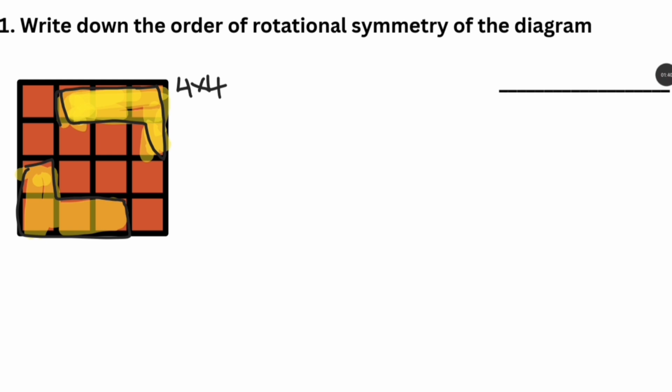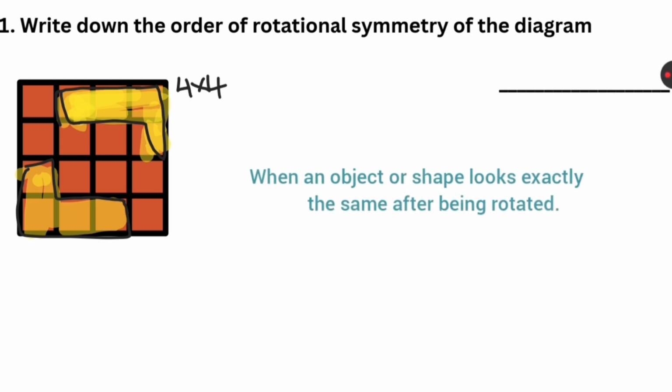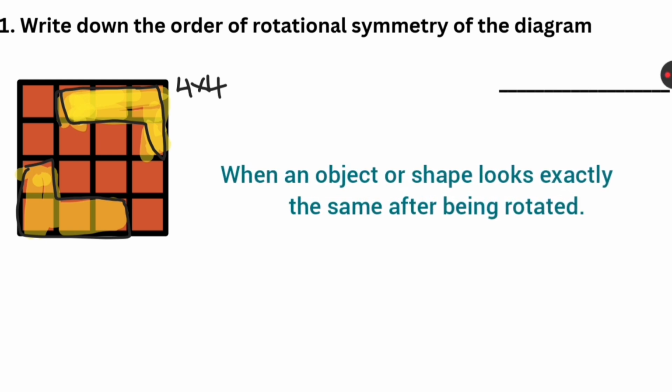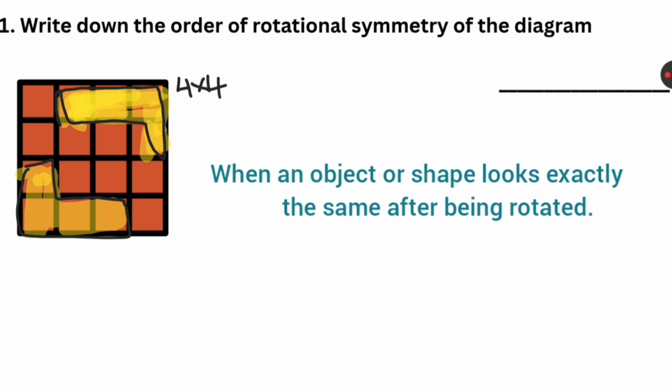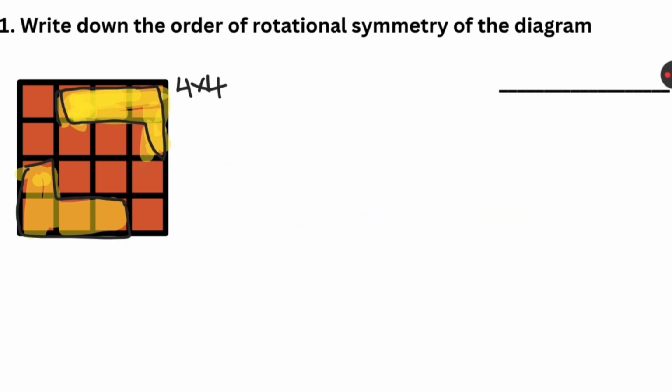First we have to remember what rotational symmetry is. It is when an object or shape looks exactly the same after being rotated. That means if you rotate any shape, afterwards the shape should match the original shape. That is rotational symmetry. I will try to explain this with an example. Let's take any shape.